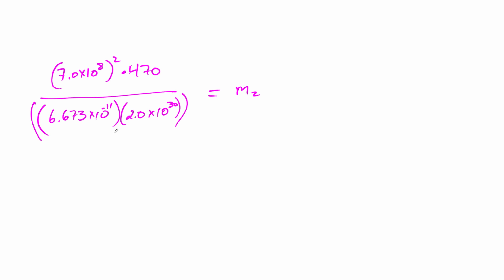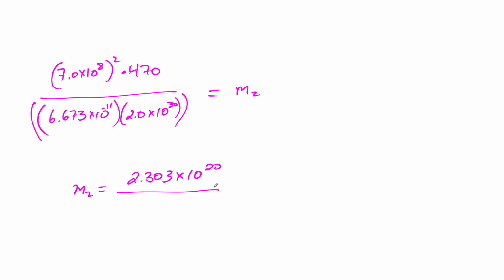7.0 raised to the 8th. Now let's square that, and you should get 4.9 times 10 to the 17th. Then we multiply that by 470. The top number, so mass of 2 is equal to the top number, which is 2.303 times 10 to the 20th, and we're going to divide that by 6.673 to the negative 11th, and multiply by 2.0 raised to the 30th.